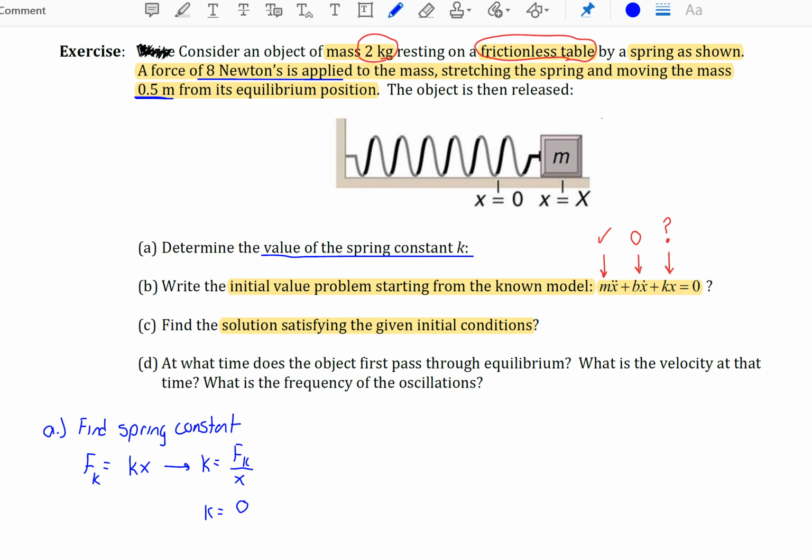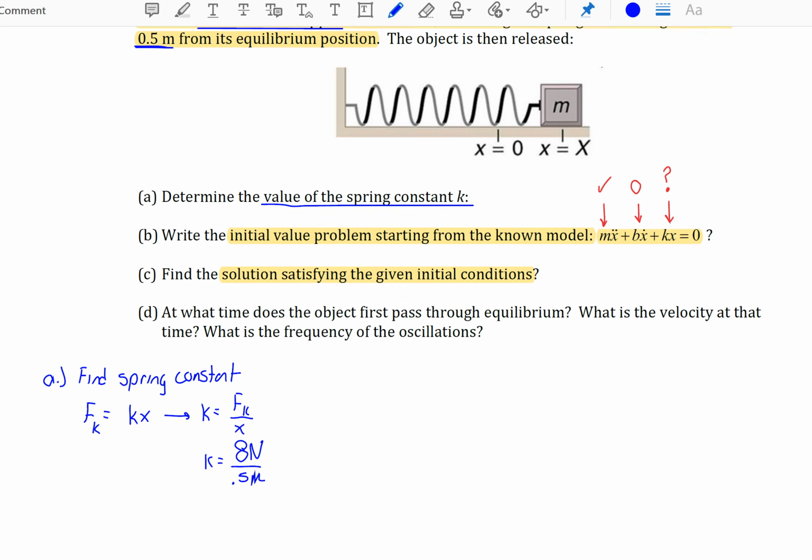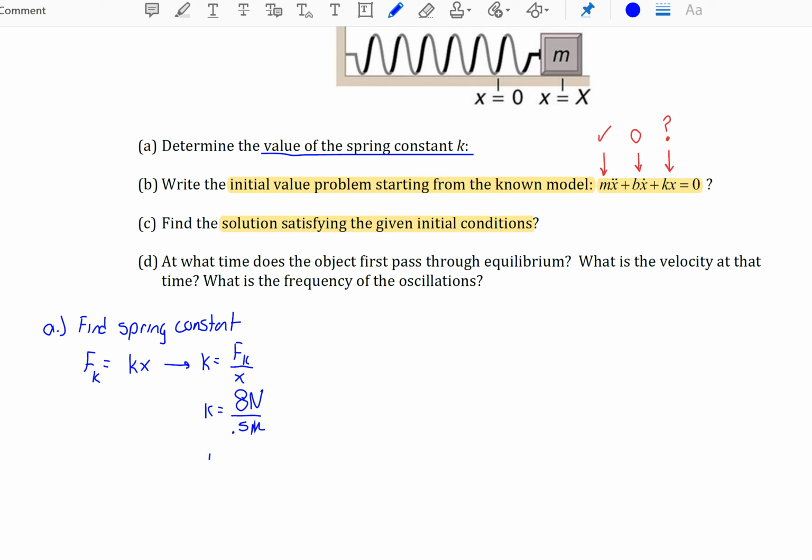So that 8 newtons of force divided by that half a meter tells us that our spring constant had to be 16 newtons per meter. This is a measure of the strength of that spring. That 8 newtons is required to stretch it a half a meter. That tells us our spring constant.